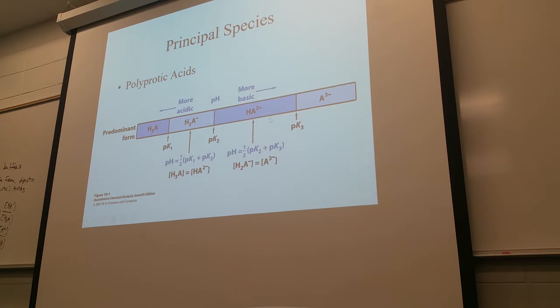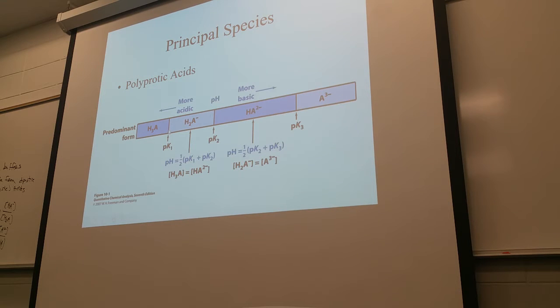And what you'll also notice is that the size of the boxes are not the same, because there might be a range of pHs where there's a long stretch where one species is predominant, sort of like going on a long road trip where there's really nothing to see for long periods of time, and hopefully you don't run out of gas. These all depend on the pKa values.